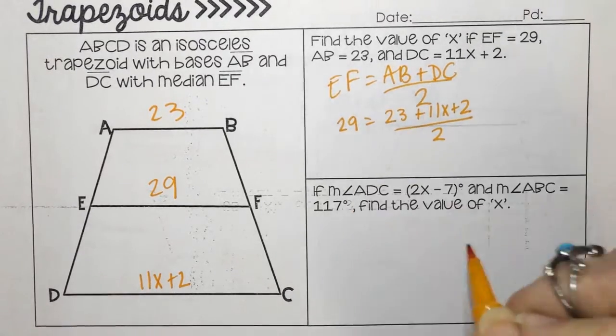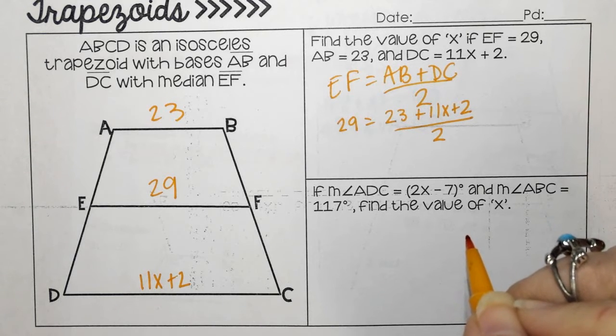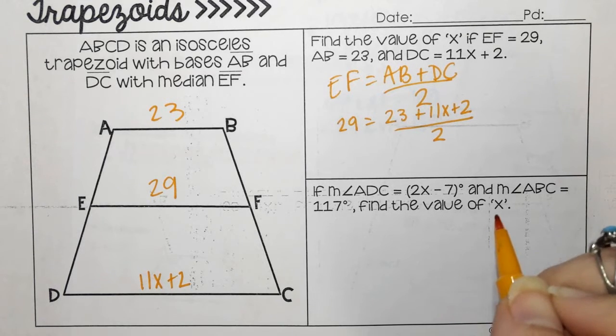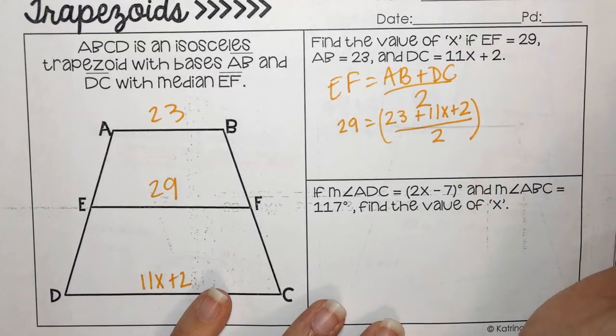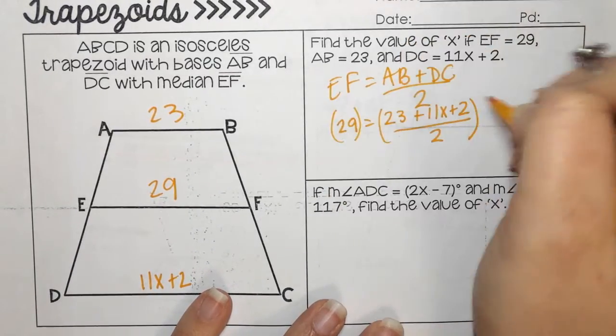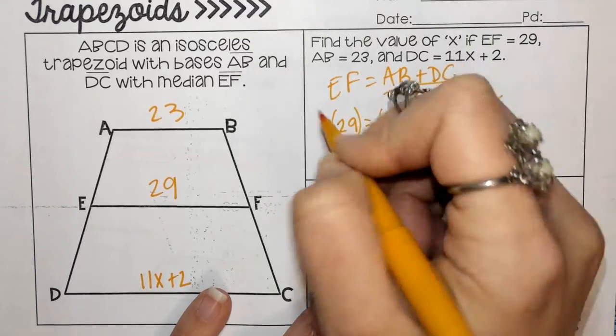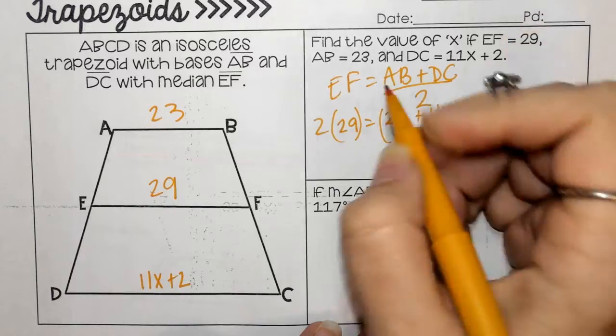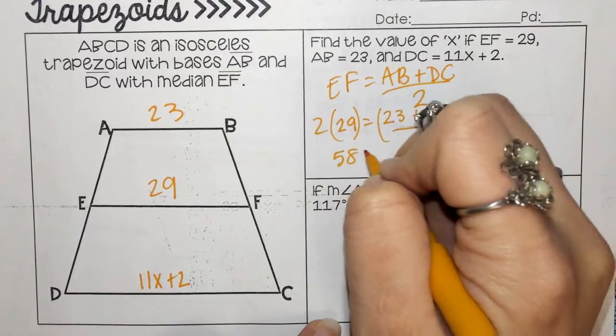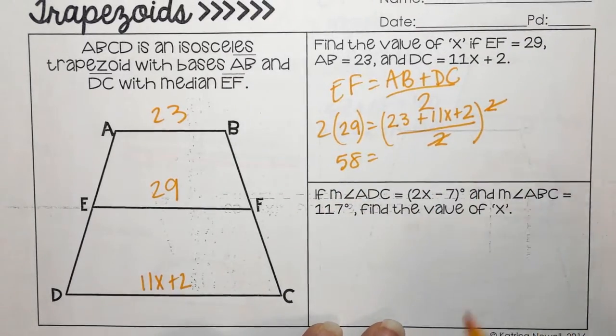This is a fraction. Fractions are what mathematical operation? Division. And what's the opposite of division? Multiplication. So we're going to multiply both sides by 2 because we need to get rid of our denominator. What is 2 times 29? What's 23 plus 2?